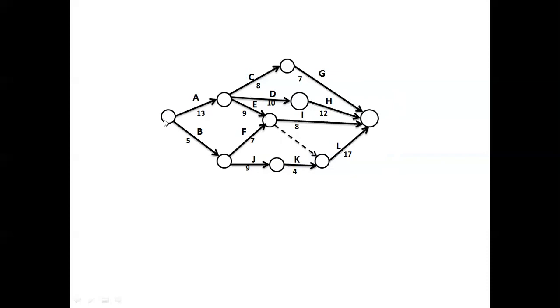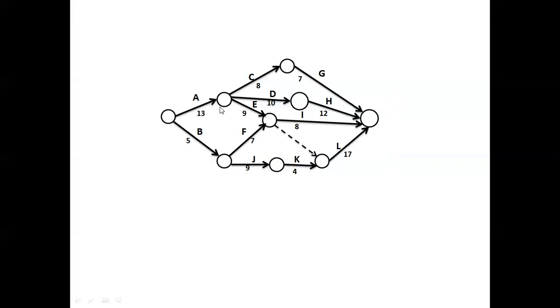Then once this node is numbered, all the outgoing activities are to be removed. Then A and B will be deleted. After the deletion of these two activities, some more initial events are created, because there will be no incoming activities. So this will become an initial event and this will become an initial event.